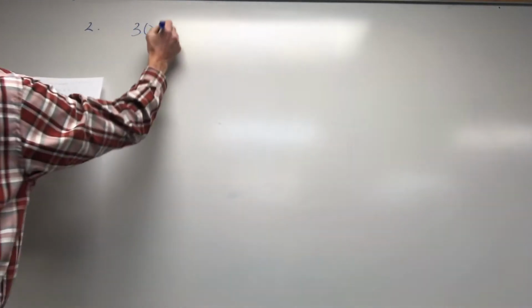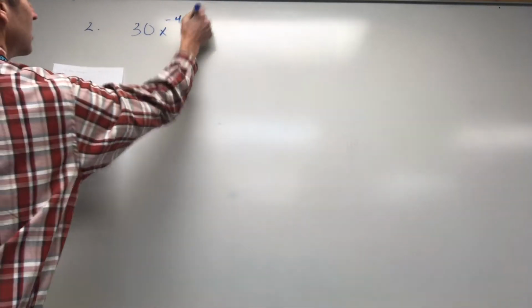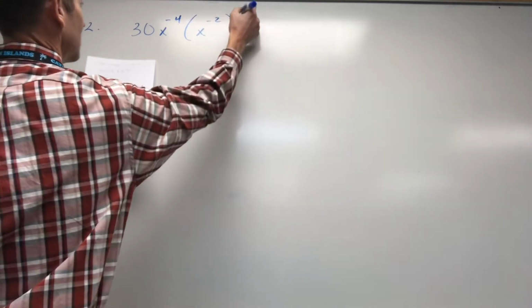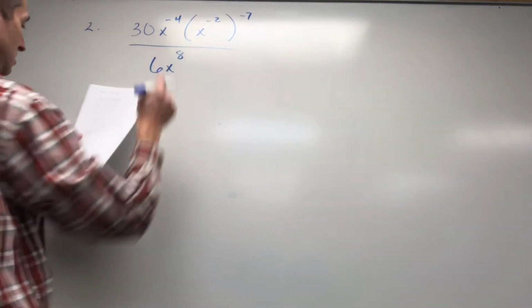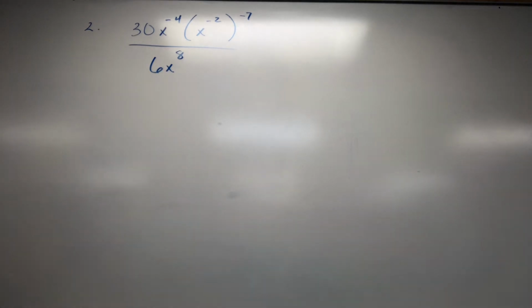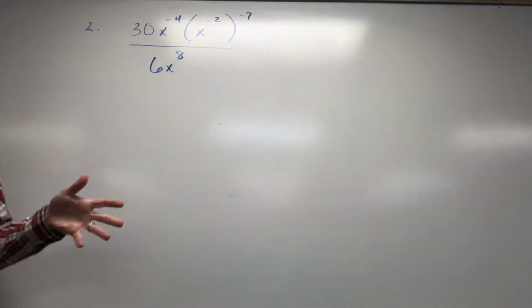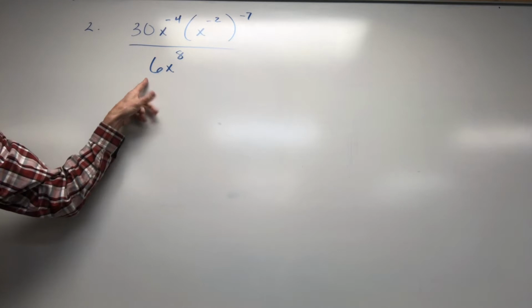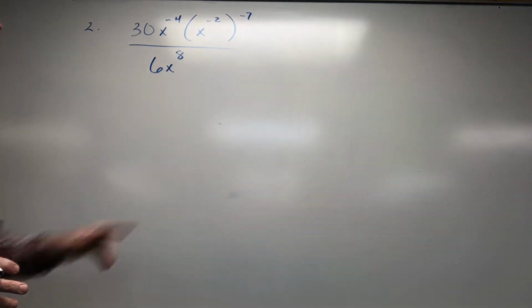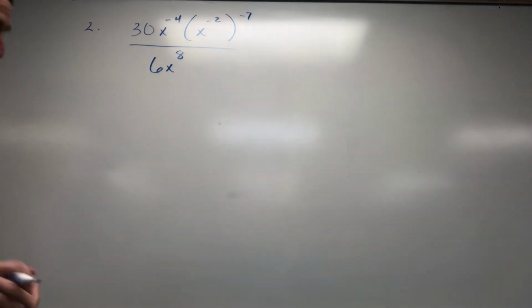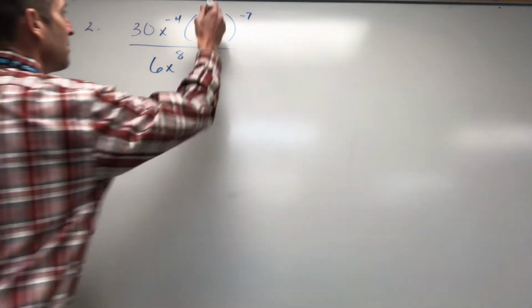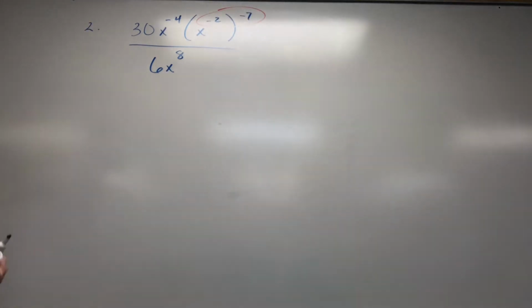Number 2. Okay, so when you look at this problem, you're getting ready to jump on it. It's like, all right, I've got a 30 and a 6. I've got some numbers to put together. I have some parentheses to deal with, definitely negatives to deal with. I'm thinking right off the bat, I'm going to take care of that.